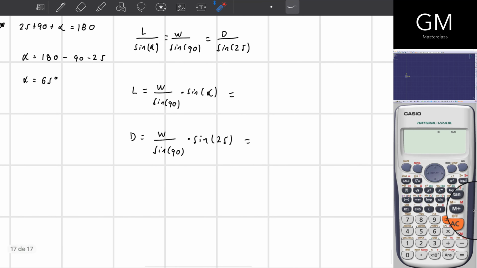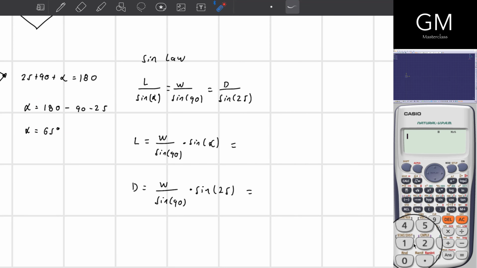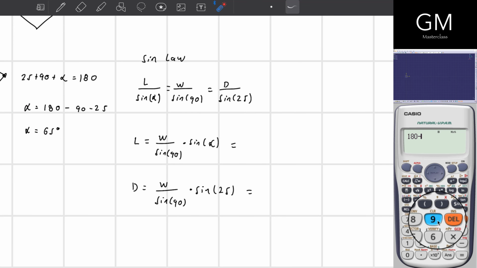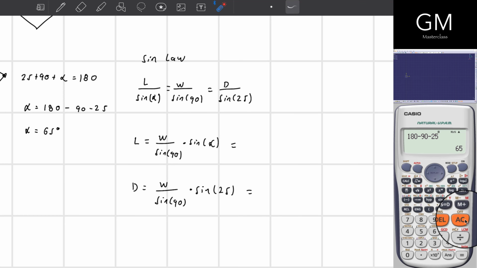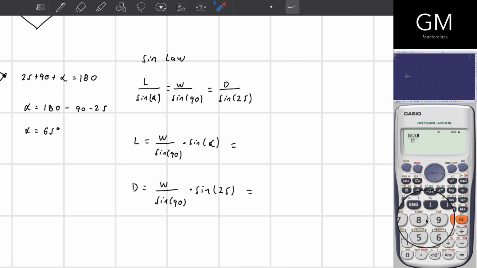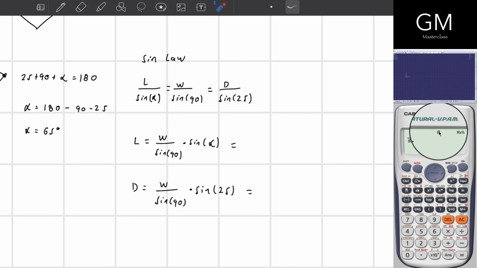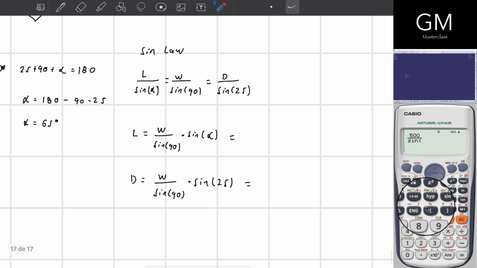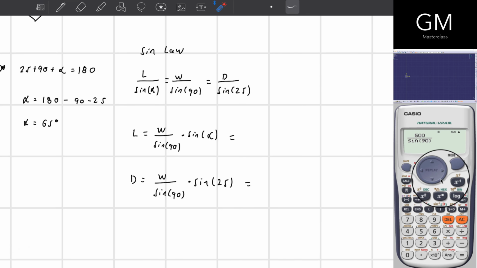Then I'm going to use the calculator. I want to make sure that I've done this correctly, so bear with me. It's 25, yeah, so it's okay. Then 500 divided by sine, and I have to make sure that I'm using degrees right here, of 90 multiplied by the sine of alpha.